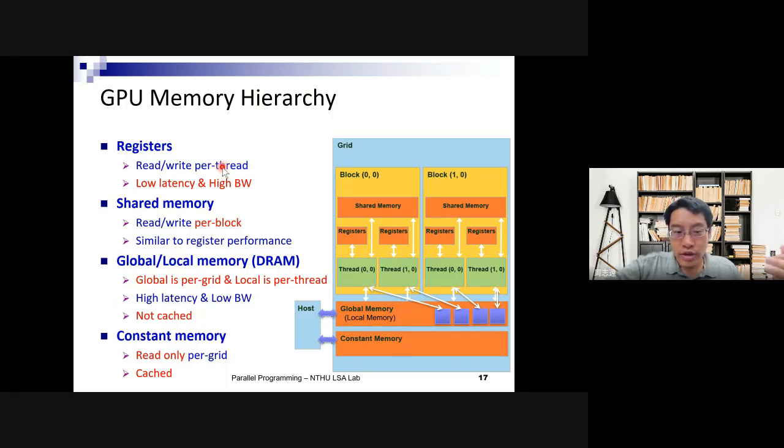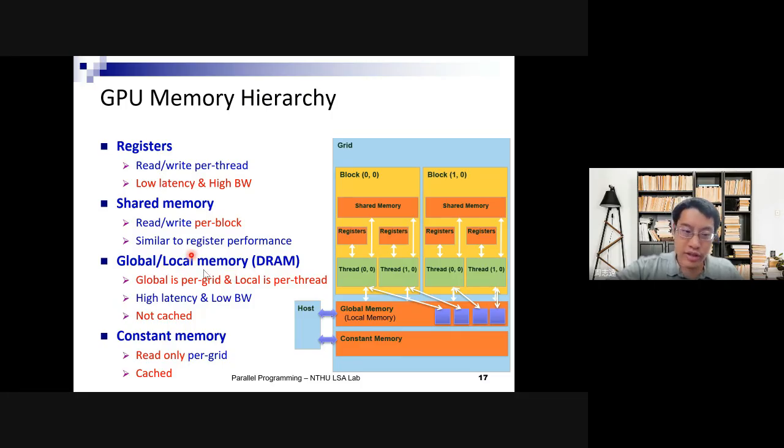So when you run out of space, those local variables will be spilled out and stored on the memory chip, the same as the global memory. So it basically occupies the same space and has the same performance as global memory, but its content actually comes from local variables. Therefore, we call it local memory.